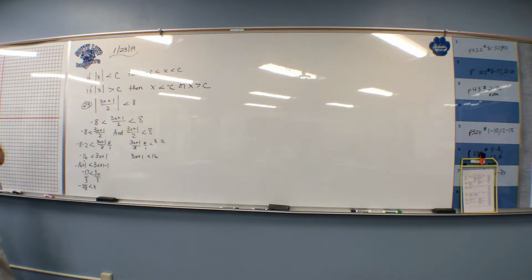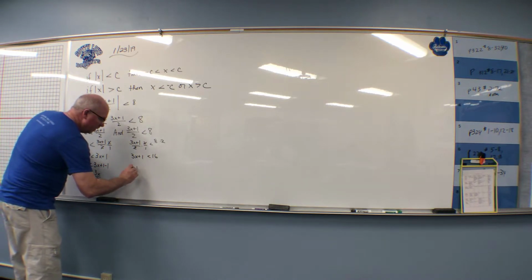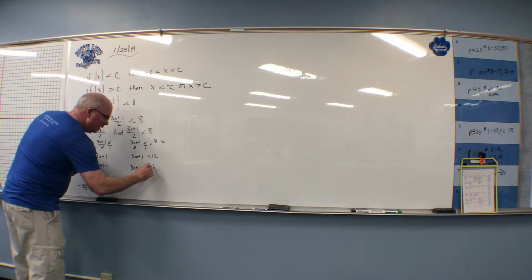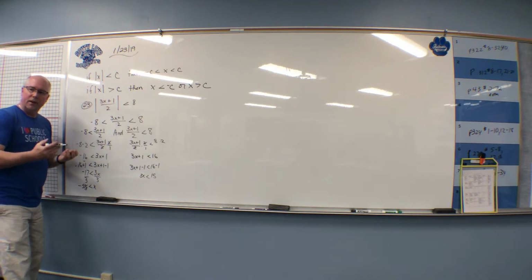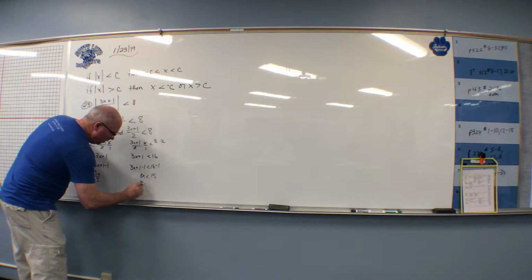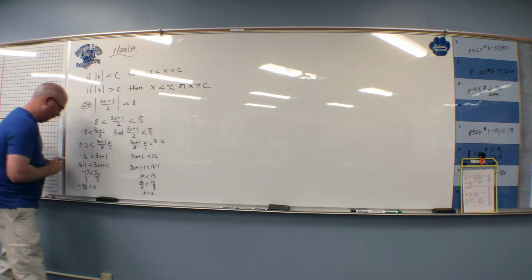So 3x plus 1 minus 1 is less than 16 minus 1. So I have 3x is less than 15. Well, this works out much better, doesn't it? If I divide by 3, I get 5. So x is less than 5.